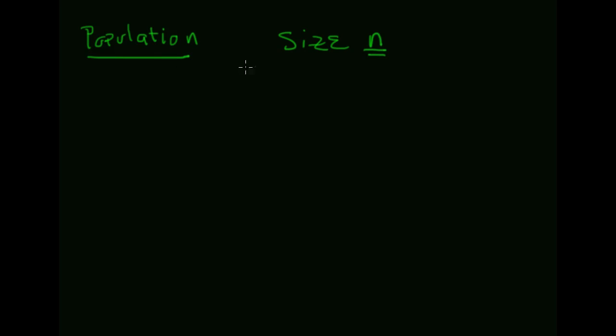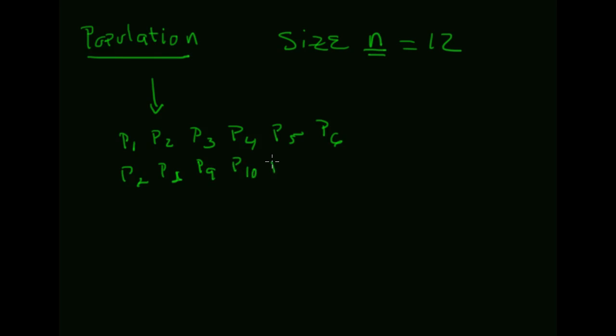Now, if we keep taking samples, what's going to happen is that the mean of these samples, let's say my sample size is 12. So I've pulled 12 values, and then I look at those 12 values and I take the mean of those 12 values.